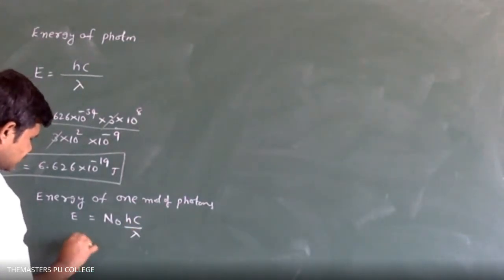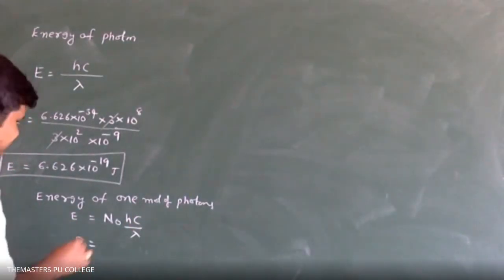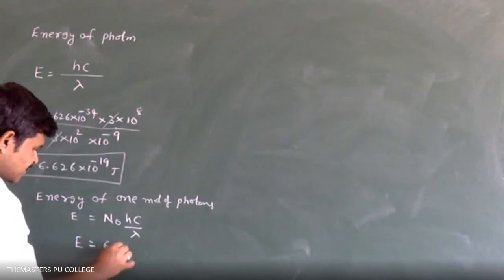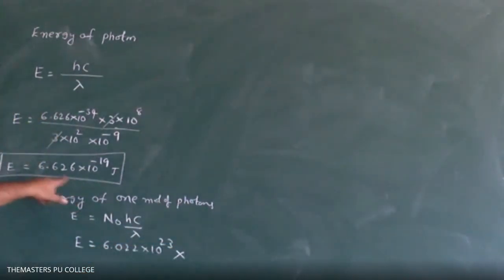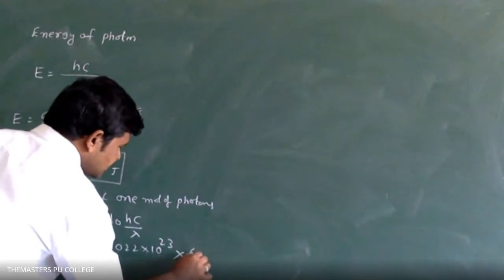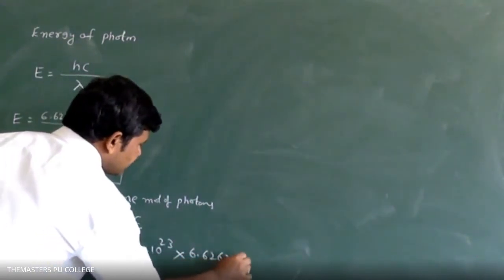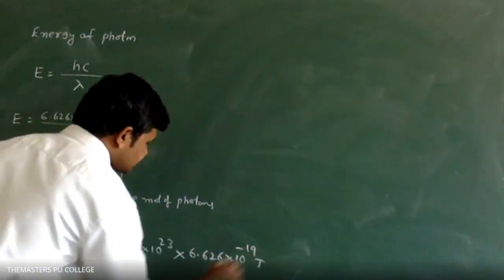N naught is the Avogadro number, 6.022 into 10 power 23, into the hc by lambda value, 6.626 into 10 power minus 19 joules.